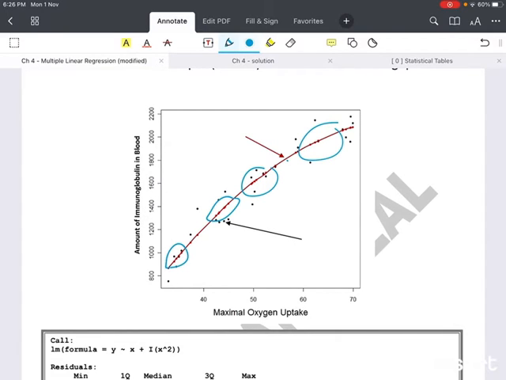So the data are close to the fitted curve.